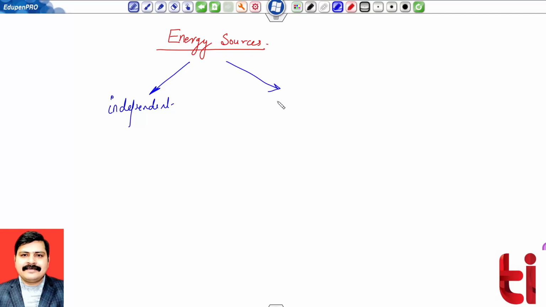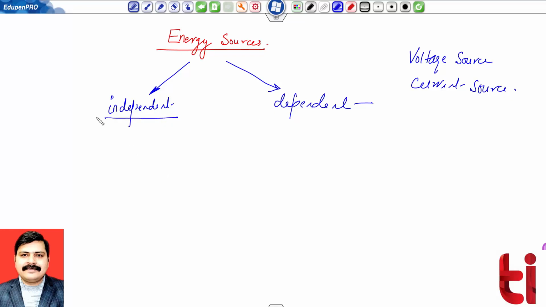And in both the cases, in this course, we will discuss voltage source or current source. So let's discuss first the independent source and let's begin with the voltage source.